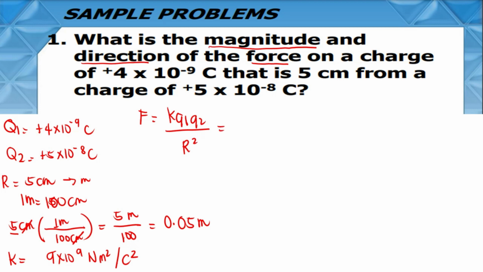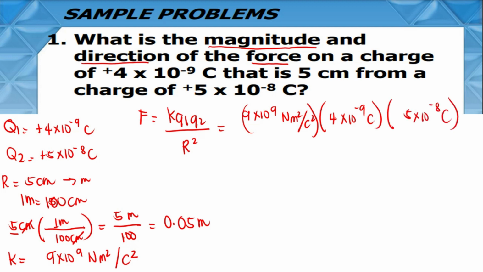Let's substitute. We have 9 times 10 raised to 9 newton meter squared per coulomb squared multiplied by 4 times 10 raised to negative 9 coulomb times 5 times 10 raised to negative 8 coulomb divided by 0.05 meters raised to 2 or squared.